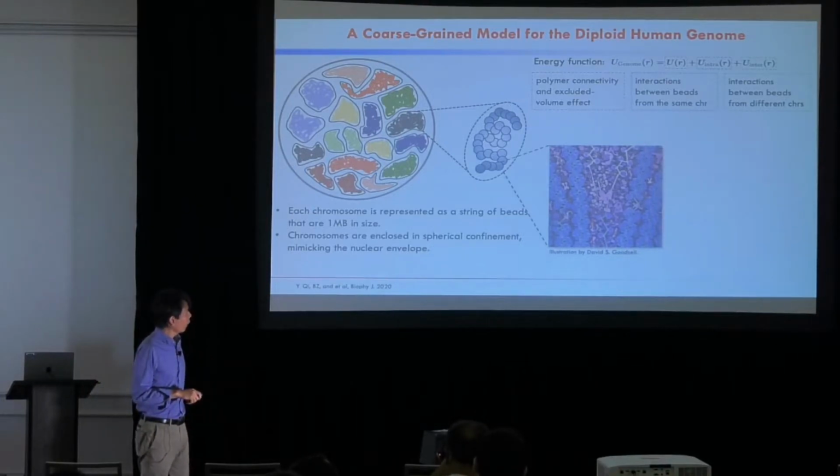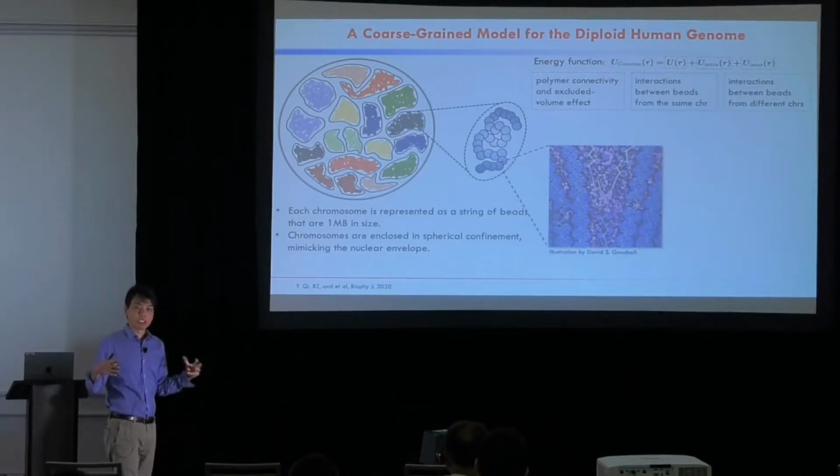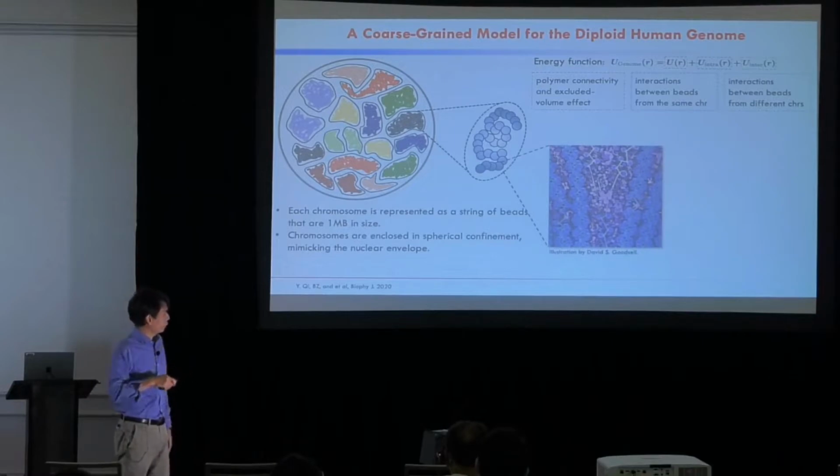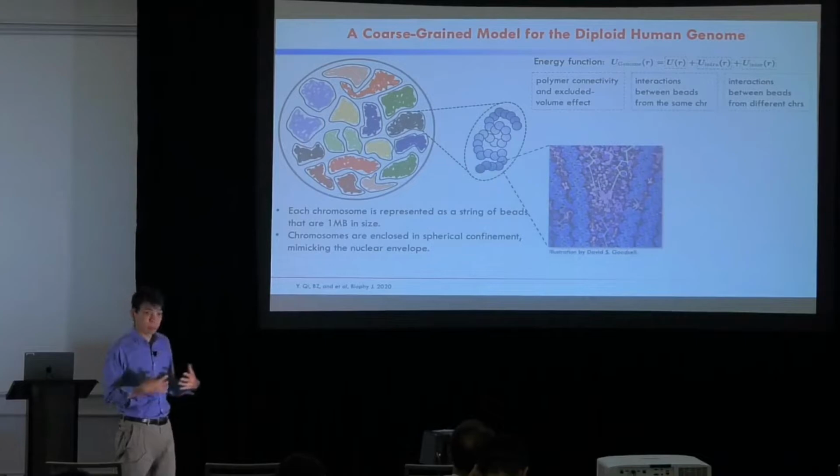Coarse-graining is a very popular idea in the theoretical chemistry community, but we cannot just rely on existing approaches because, as I mentioned, each one of our beads corresponds to 1 million base pairs.